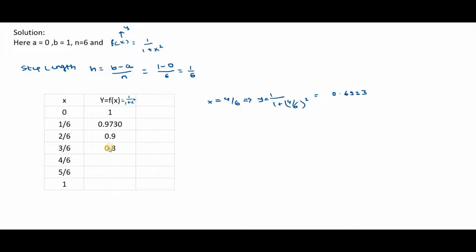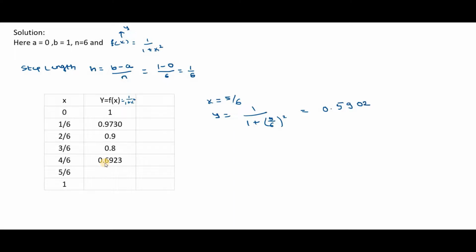0.6923. So I will write here, that is 0.6923. Put x is equal to 5 by 6, and if you substitute x is equal to 5 by 6, then the value of y is equal to 1 divided by 1 plus (5 by 6) whole square, means 25 divided by 36, and if you simplify this, you will get 0.5902.